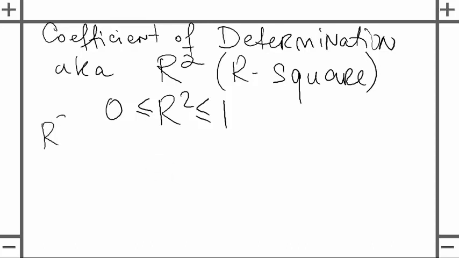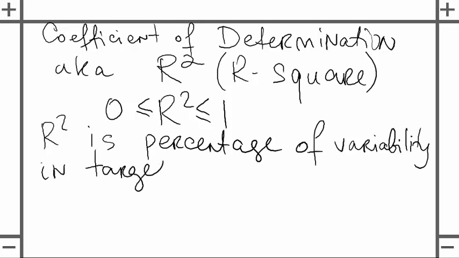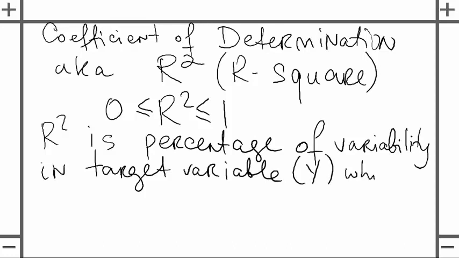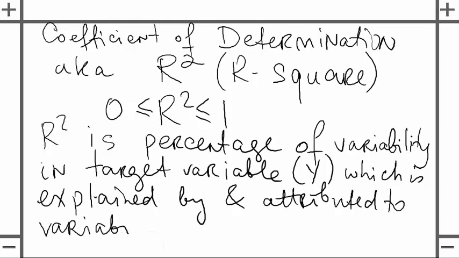So R squared is percentage of variability in target variable, let's call it y, which is explained by and attributed to variability in predictor variable x.